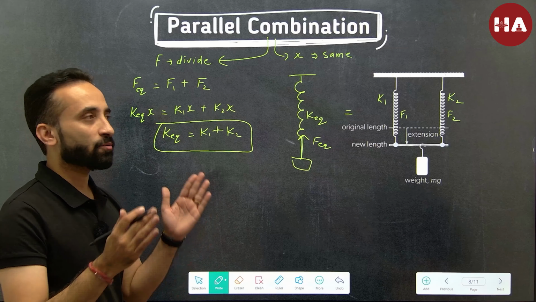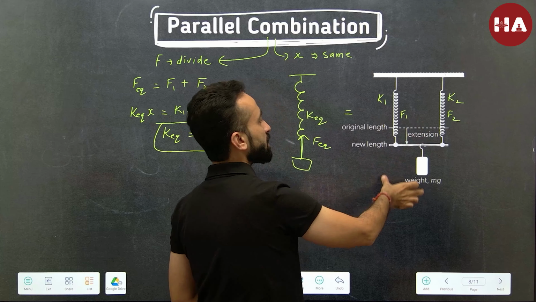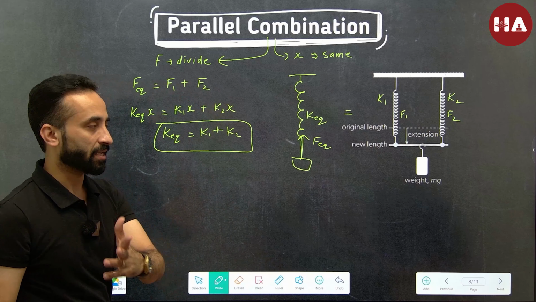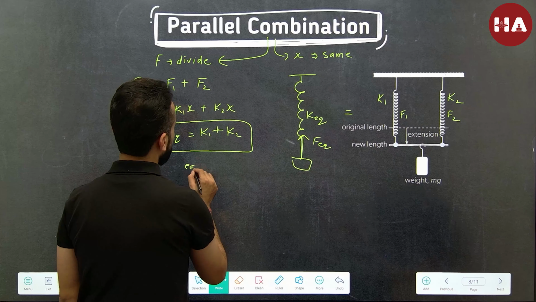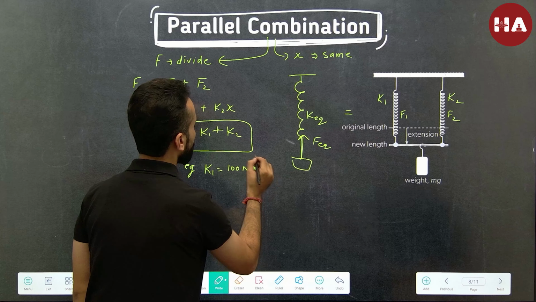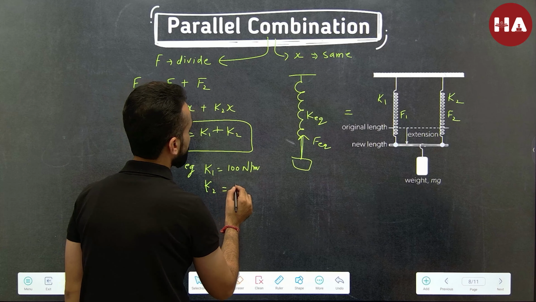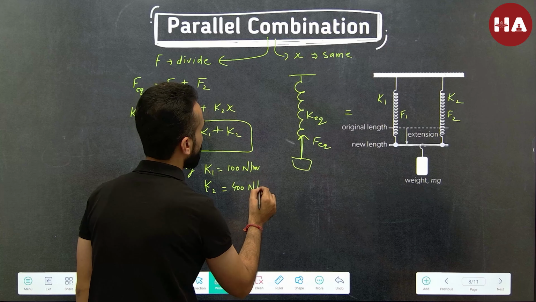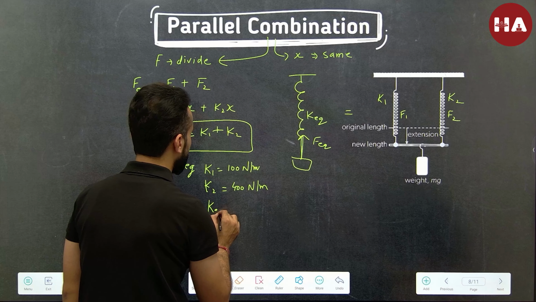Now think about parallel combination here. When you are combining springs in parallel, you are giving it a lesser chance to extend. I can prove it. How? Again, take the same example where K1 was, let's say 100 Newton per meter and K2 was, let's say 400 Newton per meter. Then what is the equivalent K that you're getting?